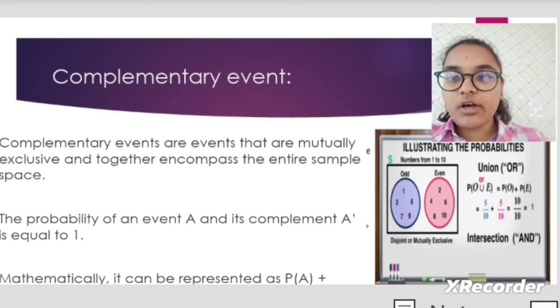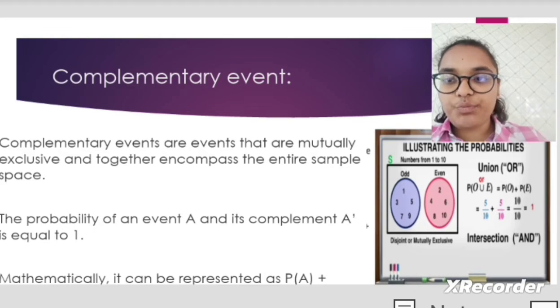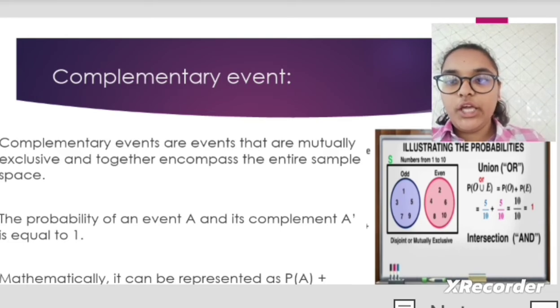Complementary events are events that are mutually exclusive and together compose the entire sample space. The probability of an event A and its complement is equal to 1.